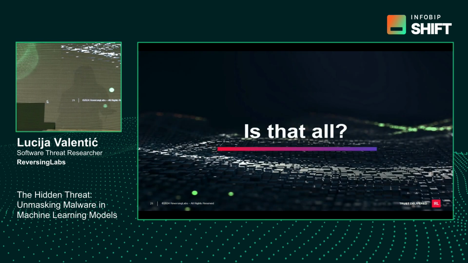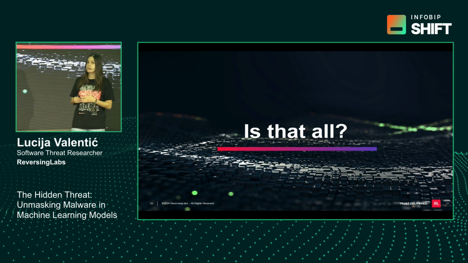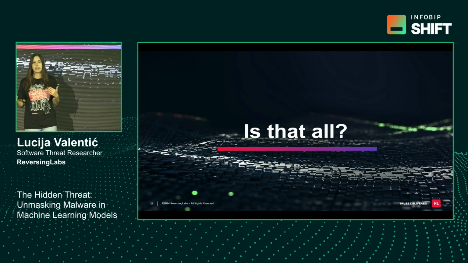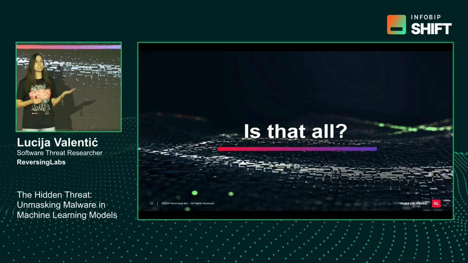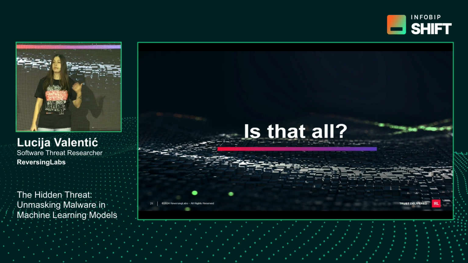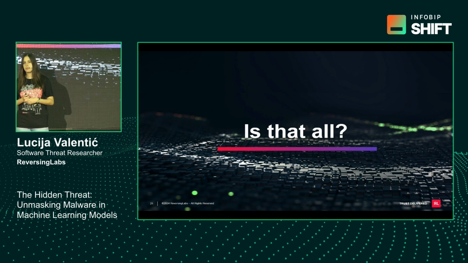And that is all. We have seen, first and foremost, what pickle is and how it isn't safe, how it can be used to execute arbitrary code and malicious code as well. We have seen examples of it, and we have seen examples of malicious ML models, some found in the wild, and some perhaps proofs of concept.